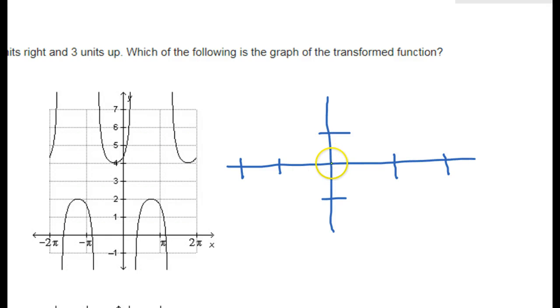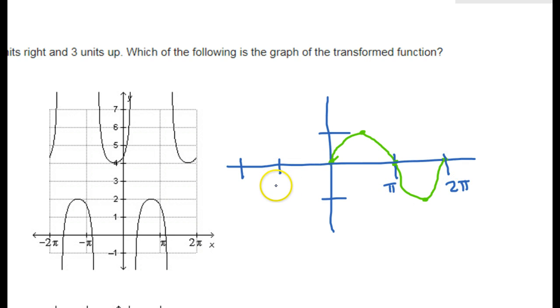We have memorized that the sine function, unshifted, begins at the origin, and then it goes up and down, back to the midline, and then it goes down and back up. So this is what the sine function looks like. This is one period of the sine function. I should probably label these. So this is pi, and this is 2 pi.